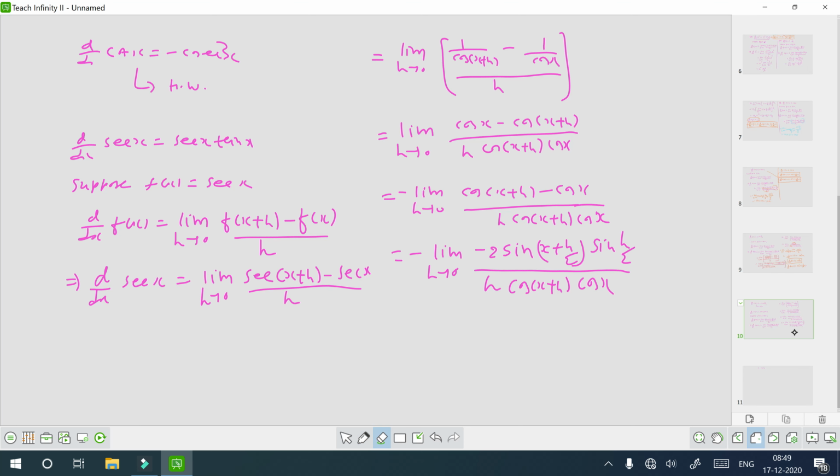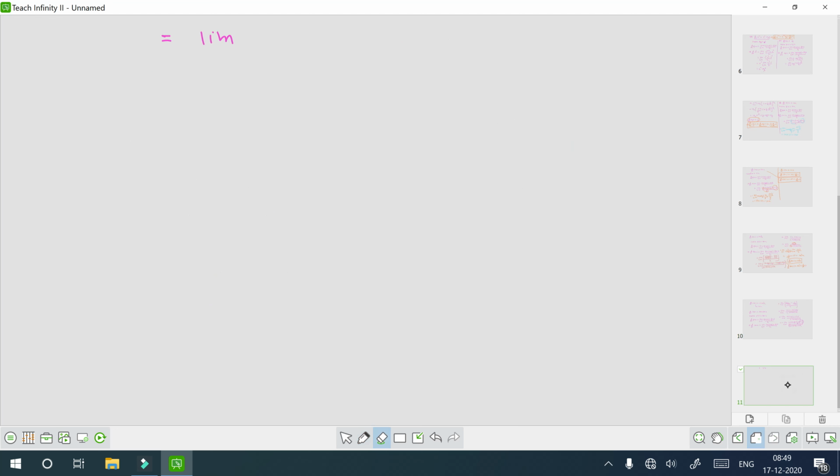See here, sin h by 2 is there, over h is there, take 2 there. Limit h by 2 tends to 0, sin h by 2 over h by 2.